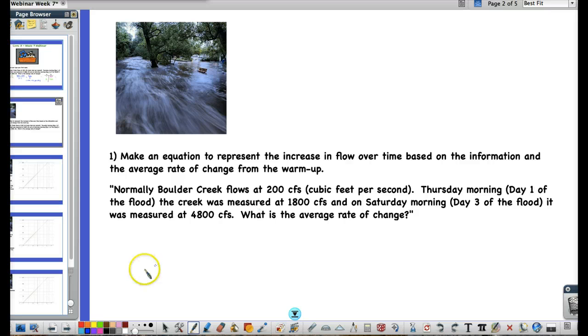If we want to make an equation, it has to be in the form y equals mx plus b, because we're just working on linear equations right now. So we know that m is equal to 1,500 cubic feet per second every day. So x would be however many days. But now we need to figure out b.